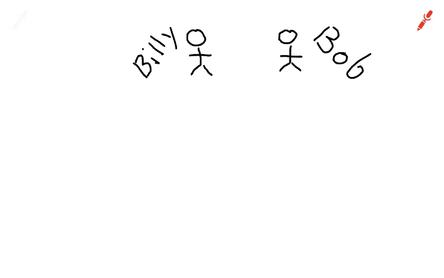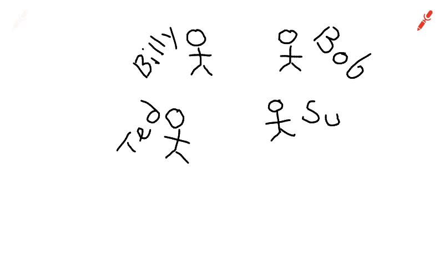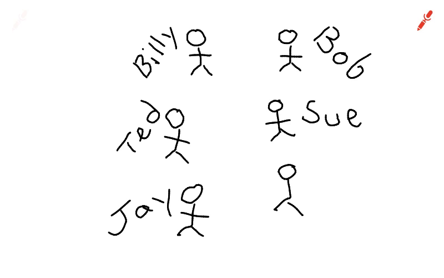Well, now, the two of them, they are friends, but then they also have other friends. Like Billy has a friend named Ted, and Bob has a friend named Sue, and Billy has a friend named Jay, and Bob has a friend named Ted.